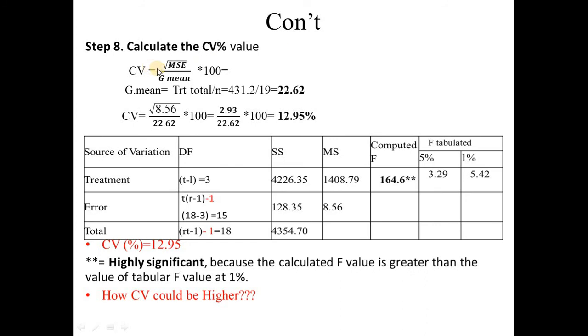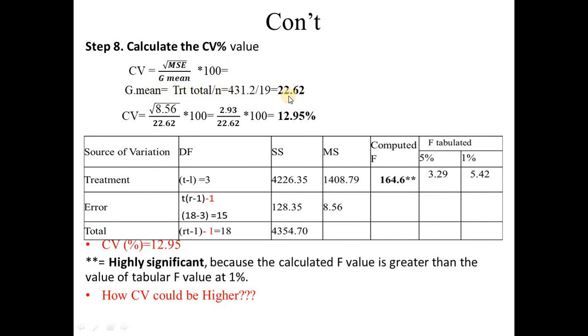We know that CV is calculated as the square root of the error mean square divided by the grand mean, multiplied by 100, and it's expressed in percent. The grand total was 431.2, and the grand mean is calculated as grand total over n.